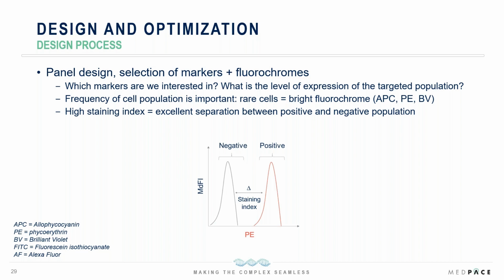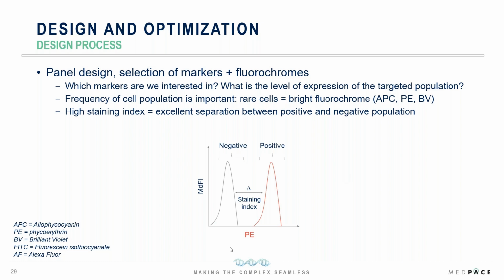What about the fluorochromes? Which fluorochrome do we want to use for the assay? If you have a population with a very low expression, sometimes it's better to use a bright fluorochrome. You can as well work on trying to understand if you have a good separation between the positive and the negative population. So this is always something that we need to consider when we develop a flow assay.